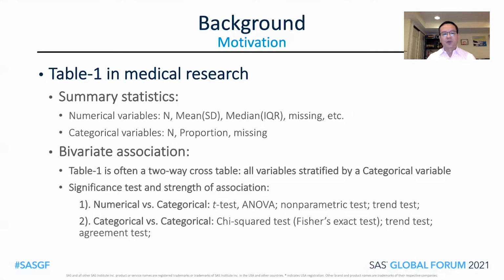For example, numerical variable versus the categorical grouping variable, then you talk about the t-test or ANOVA, or sometimes a non-parametric test, or even a trend test. And categorical variable versus categorical variable, we talk about the chi-square test, sometimes Fisher's exact test, or trend test, or even agreement test. So you have an extra column for the p-values.